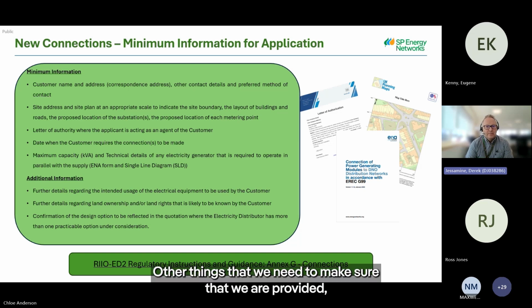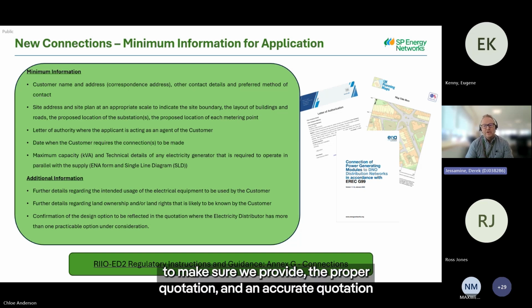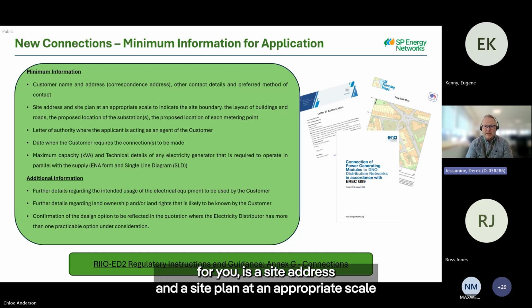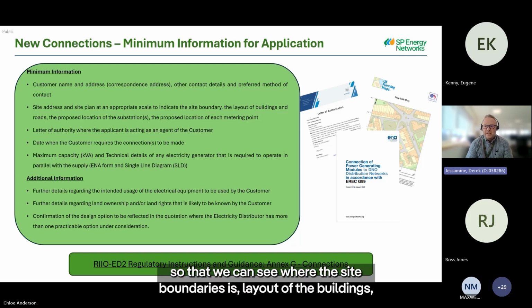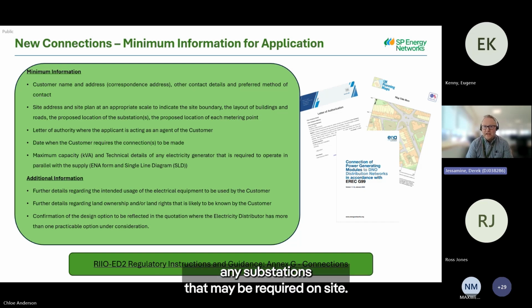Other things that we need to provide a proper and accurate quotation for you are a site address and a site plan at an appropriate scale, so that we can see where the site boundary is, the layout of the buildings, any substations that may be required on site, and importantly, where the proposed locations are of any metering points.